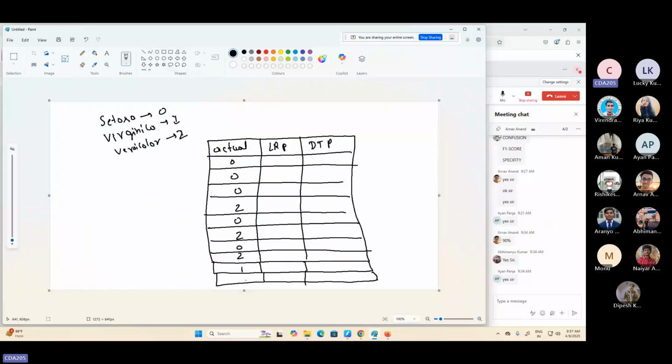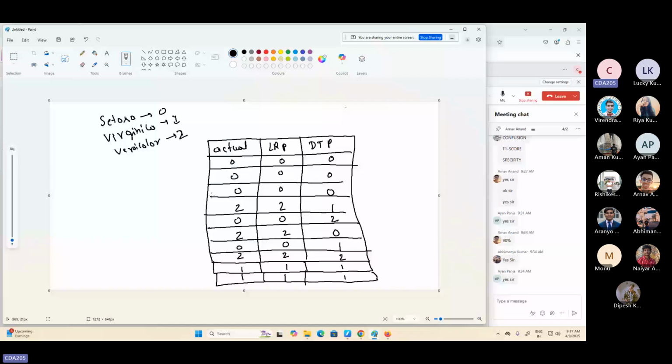So it is 1. According to this, it is coming 0, 0, 0, 2, 0, 2, 0, 2, 1, 1. And here we can say it is coming 0, 0, 0, 1, 2, 0, 1, 2, 1, 1. Calculate this.